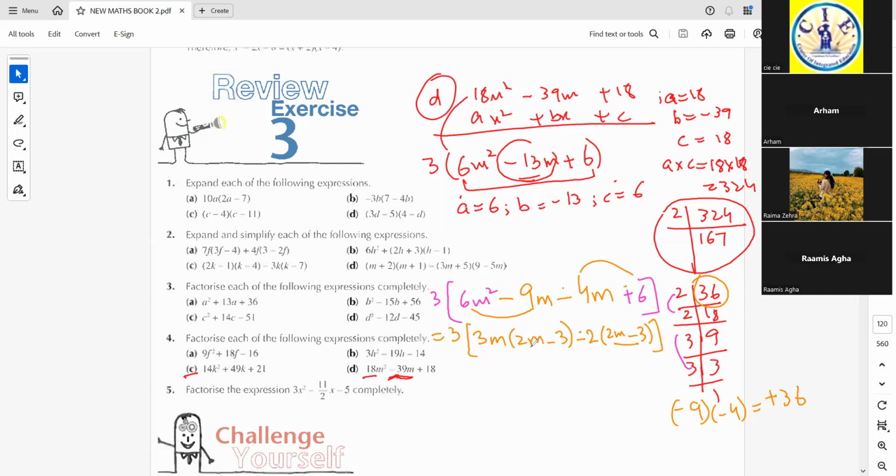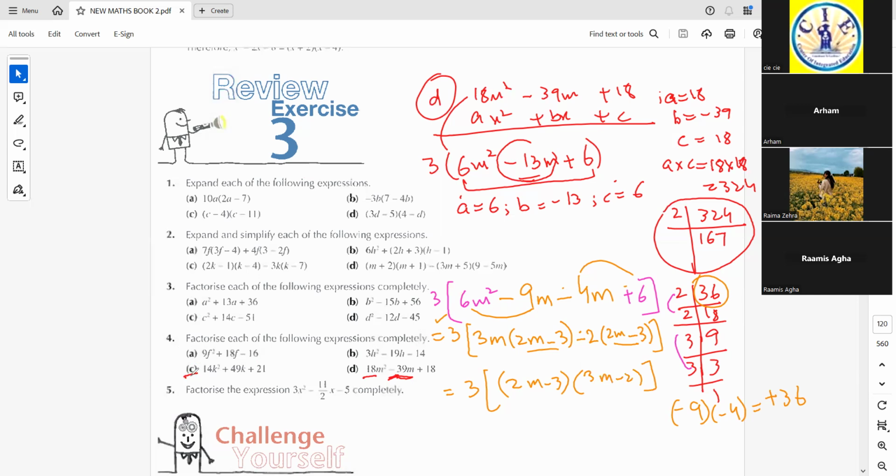So 2m minus 3 is a common factor once again. This is the same 3. Within this bracket, you have 2m minus 3, then 3m minus 2. So our factorization is complete. This is how you do the factorization.